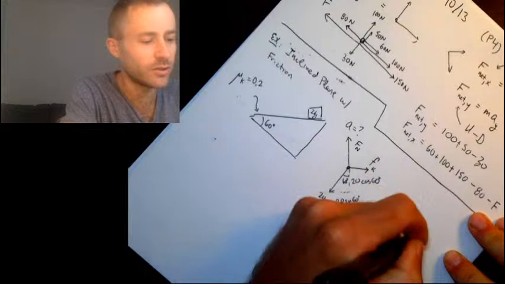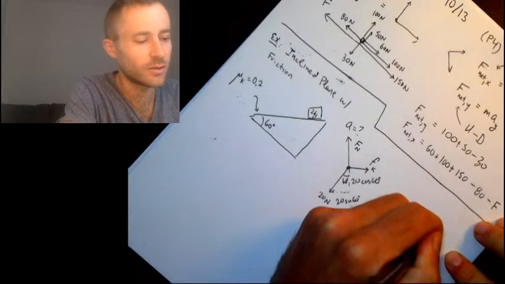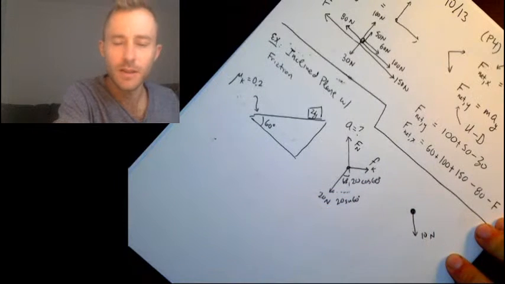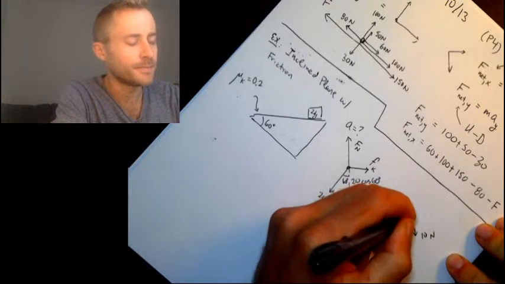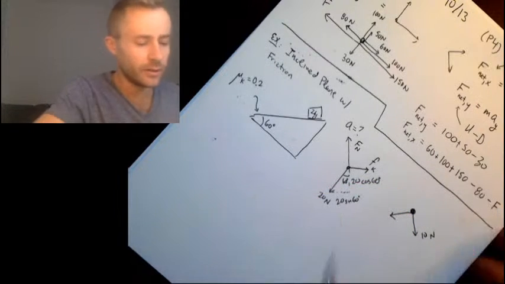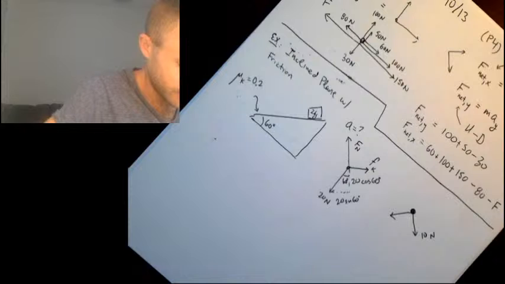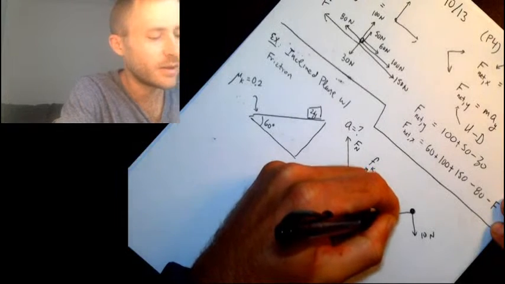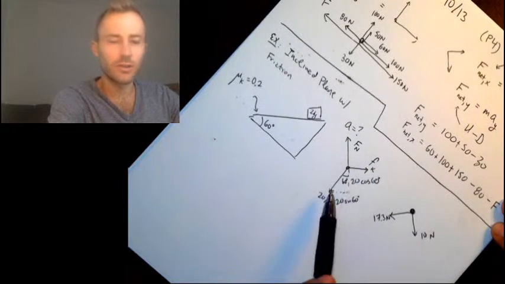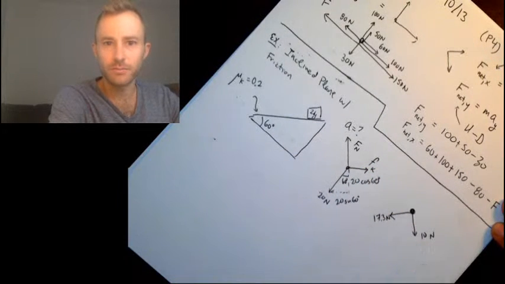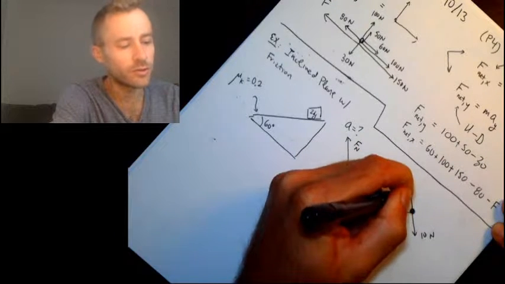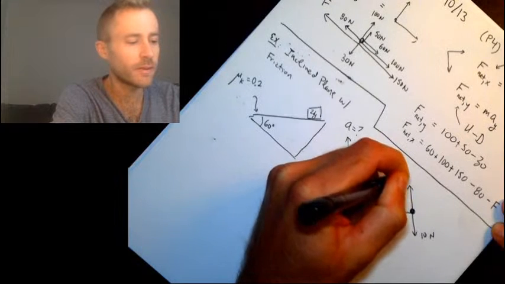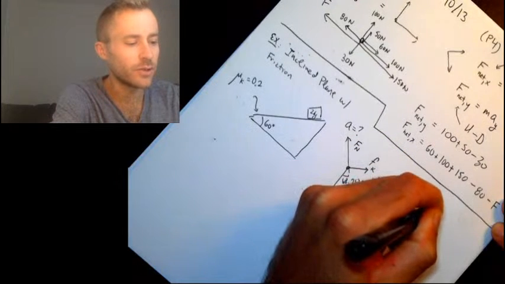I don't need to crunch the numbers on that one because I know cosine of 60 is 1/2. 20 sine of 60 is 17.3 newtons. So I've taken this diagonal force and I've turned it into two forces. Okay? And then I have two unknown forces. There's the normal force and there's friction.